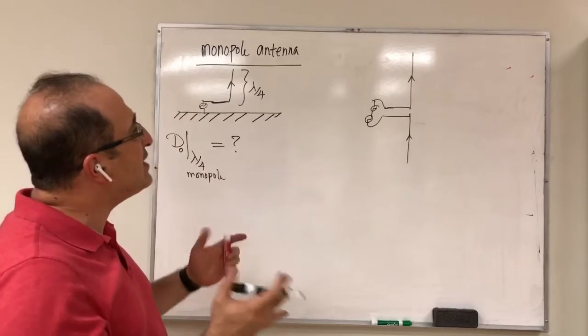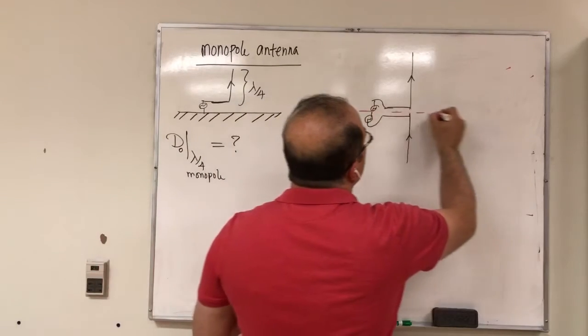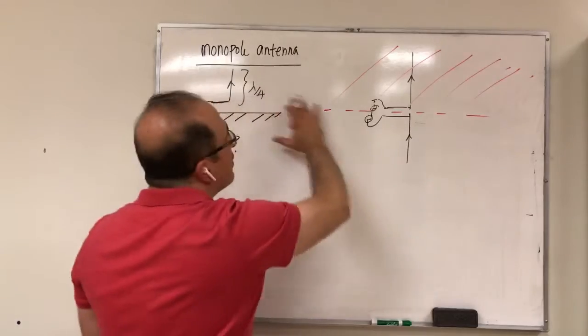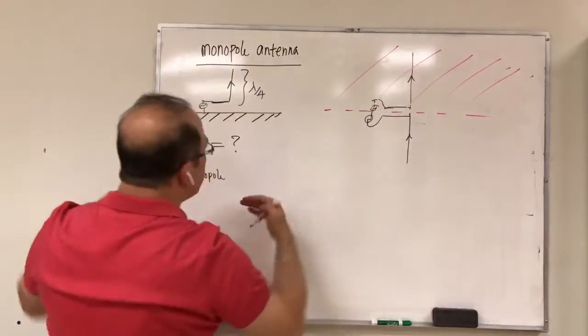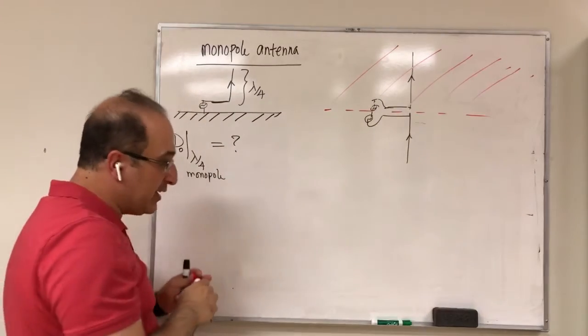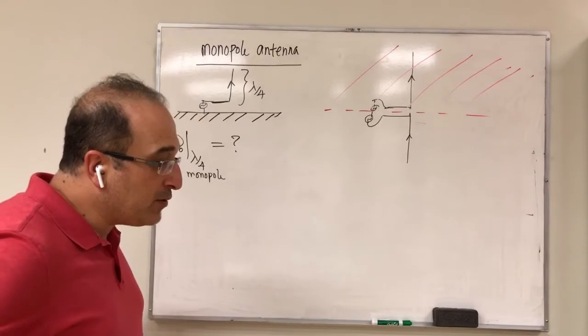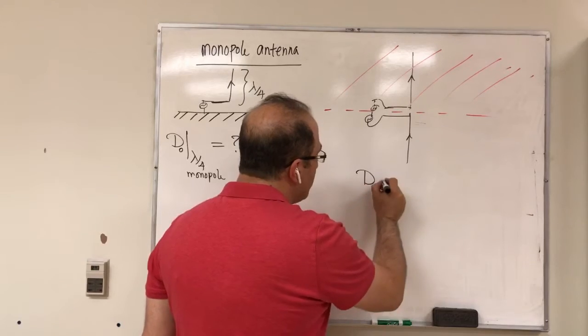And remember, this equivalence is just above here. So this system and this system are equivalent above, but below they're not equivalent because you have radiation here, but you have shielding here. Now, let me write down the directivity of a half wavelength dipole antenna.